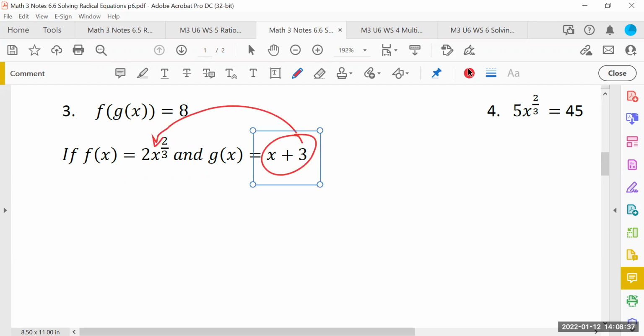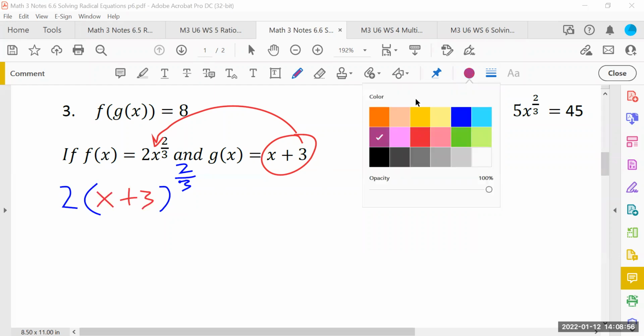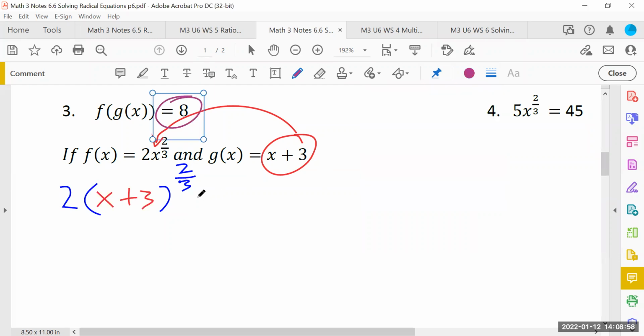So I'm going to write f of x in blue, 2 parenthesis to the 2/3. Inside the parenthesis, I'm putting g of x plus 3. And then that whole thing is equal to the 8 that they told us it's supposed to equal. Is everybody good with putting together that equation right there?